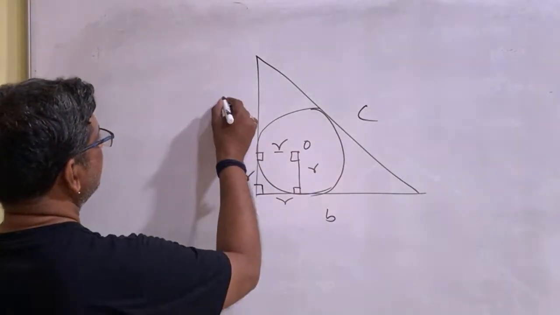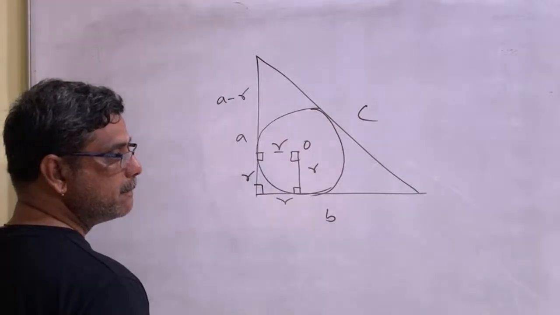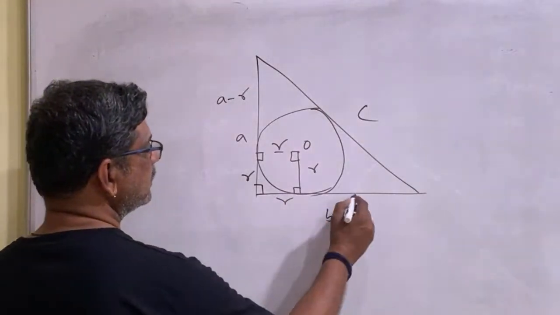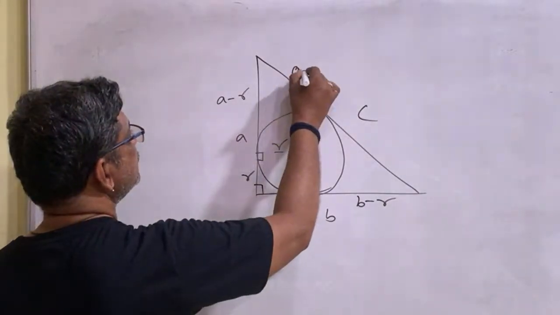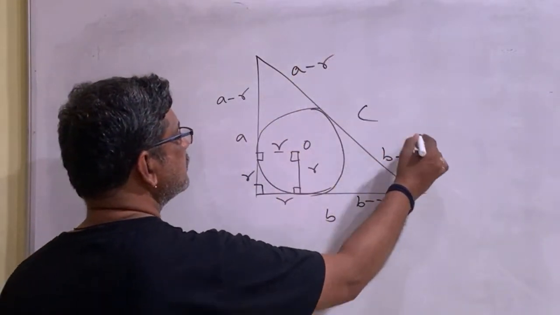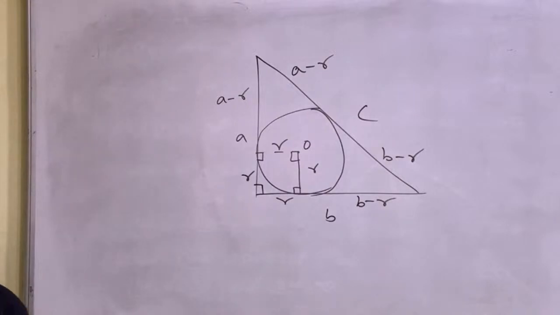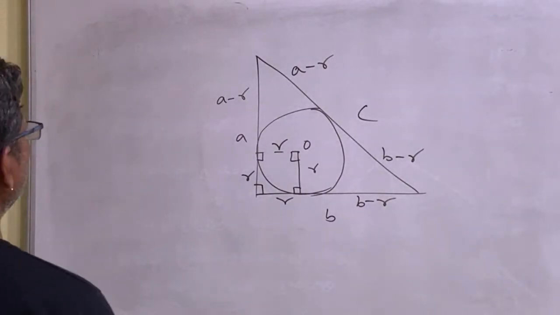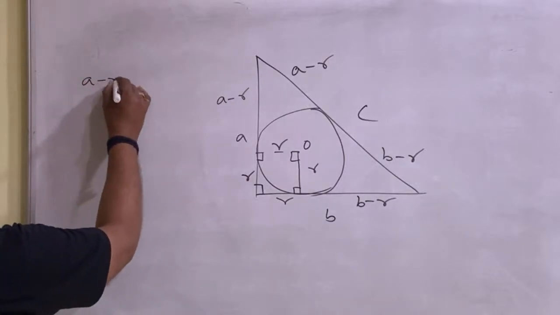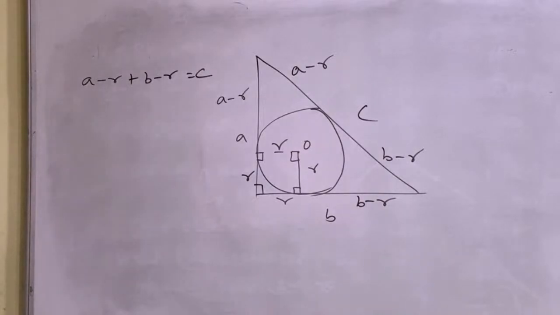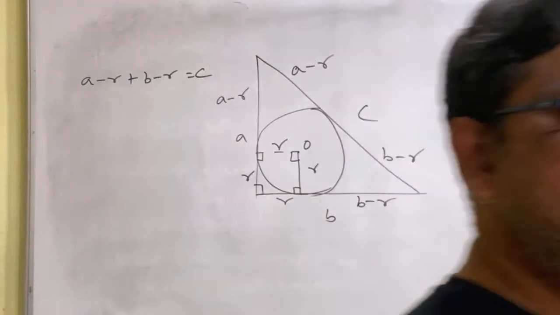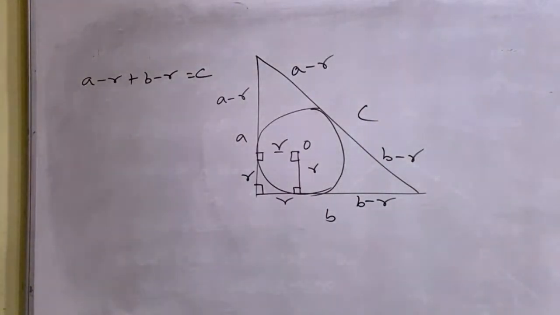If this is R, this will be A minus R. If this is R, this will be B minus R. Now A minus R plus B minus R is equal to C, na?